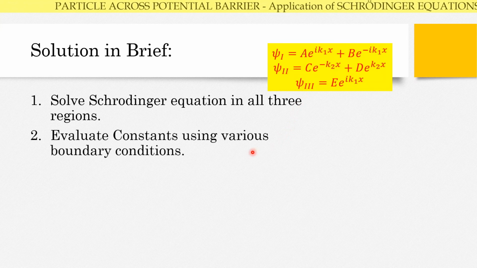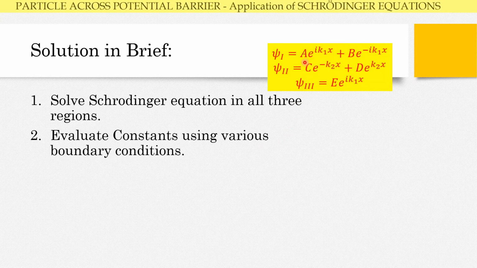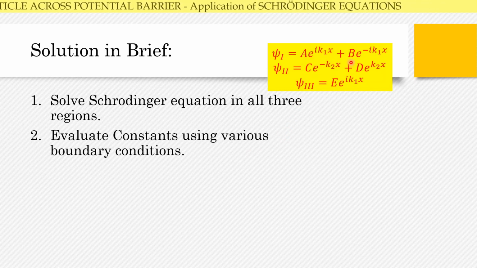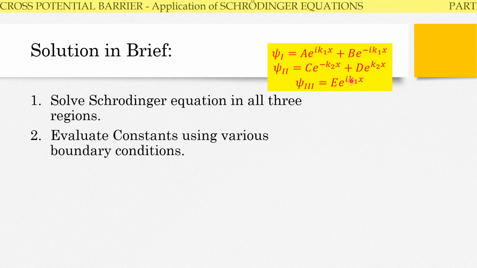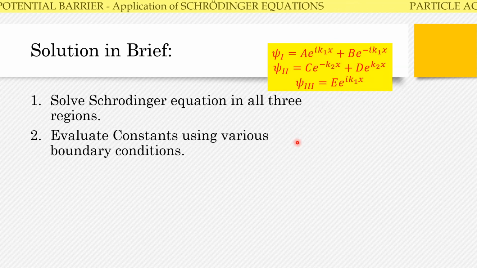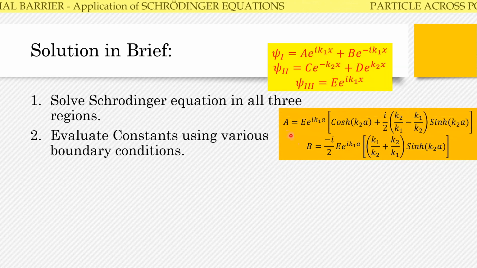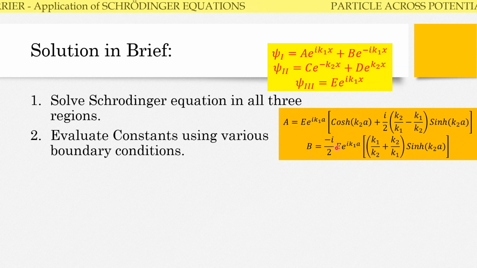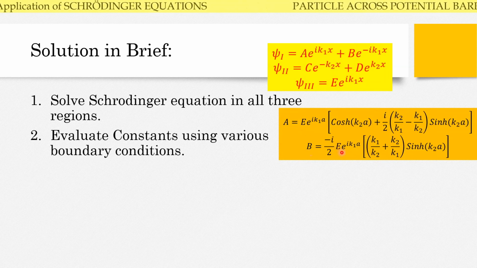In the next step, we evaluated the arbitrary constants involved in these equations, A, B, C, D and E, and could get the values of A and B in terms of another constant.